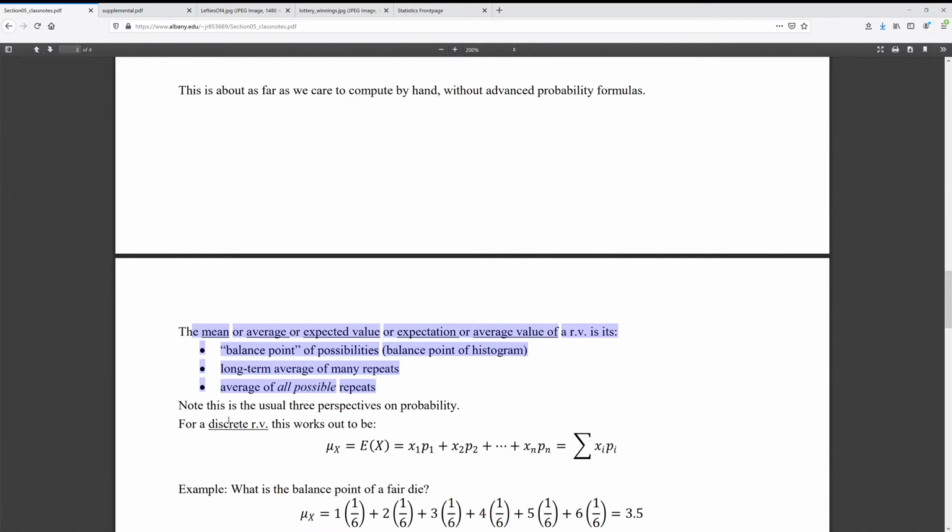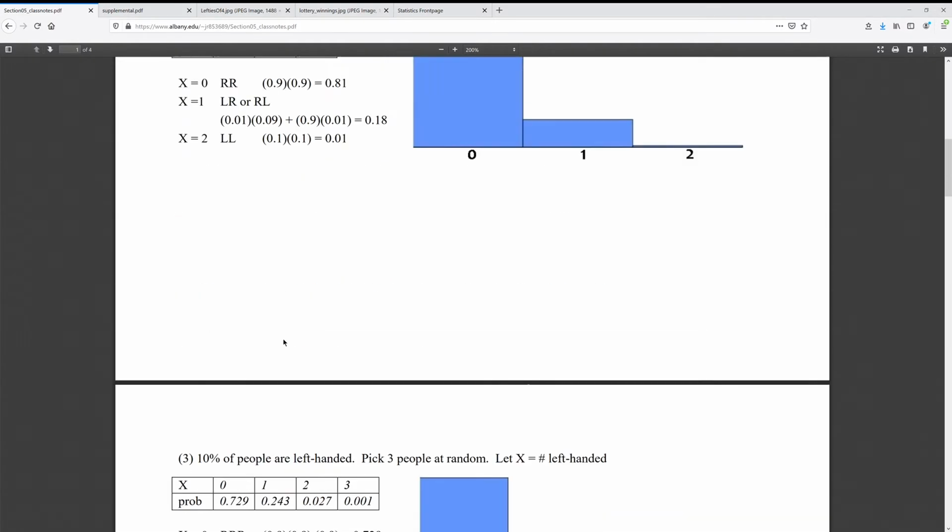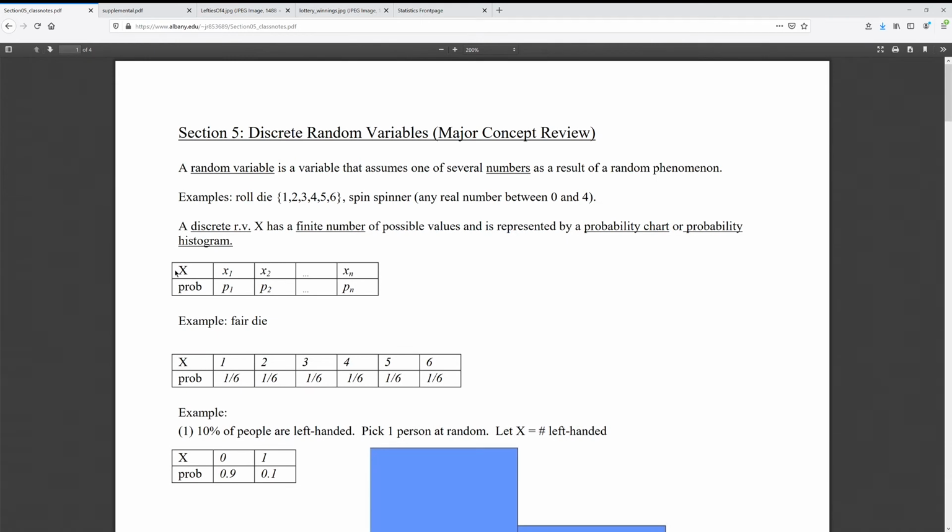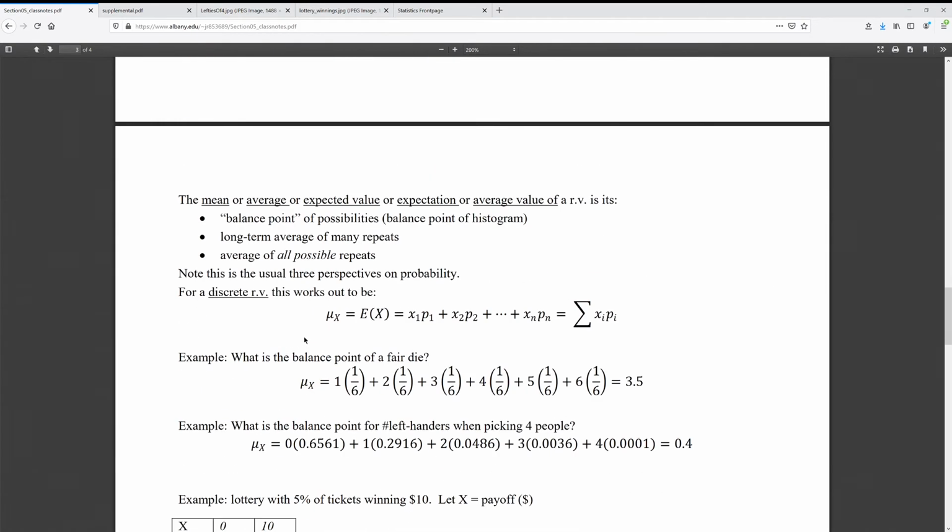But for a discrete random variable where you actually have it listed off in the form like this, everything x can be and the probability of being it with this notation, then what the mean works out to be for a discrete random variable is everything x can be times its probability added together. This times this, plus this times this, plus this times this. So that's what I've got going on in my formula here.